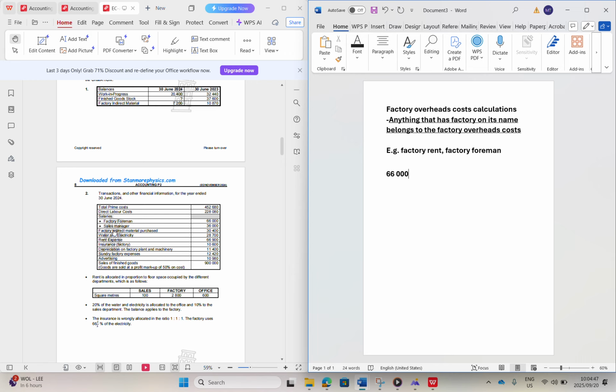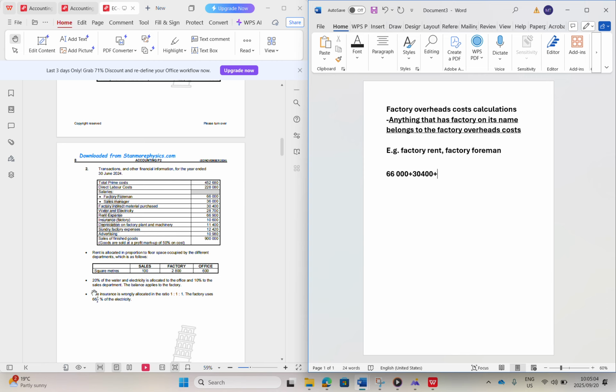Then we also have factory indirect material purchases. It has factory, so we add it, plus 30,400. Then we have insurance, they say factory, but then we have further information here.